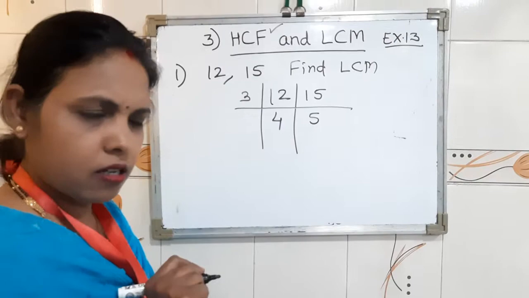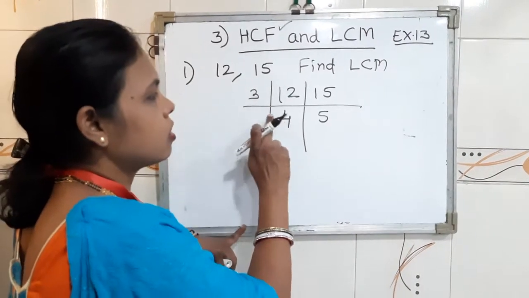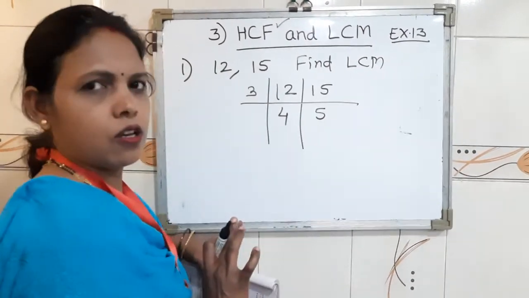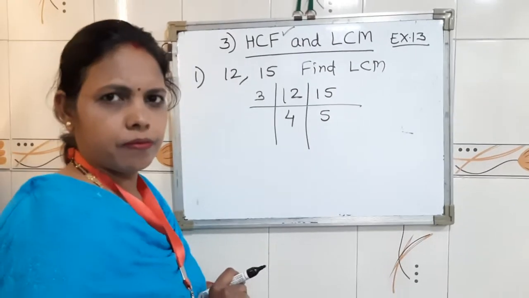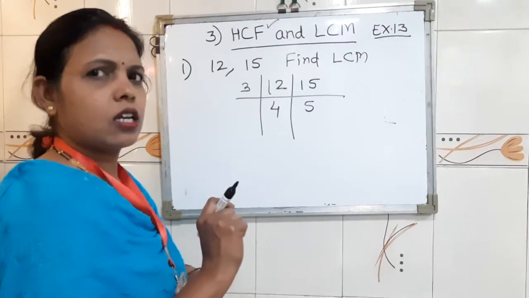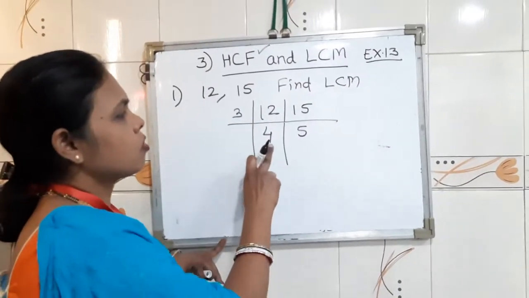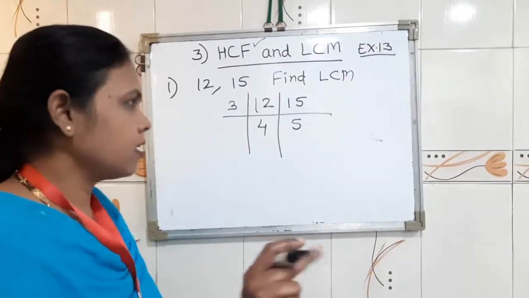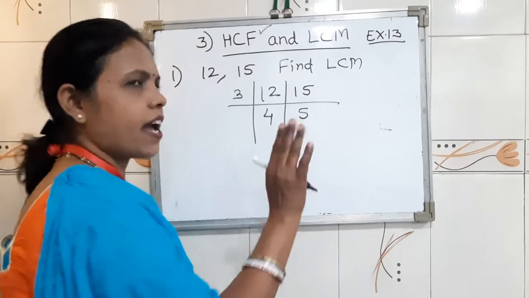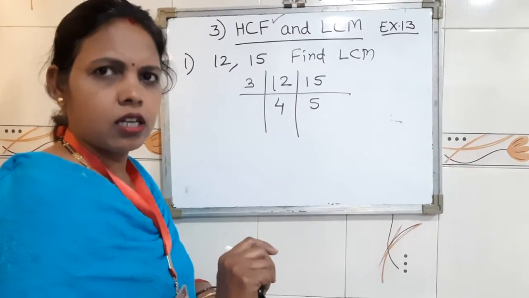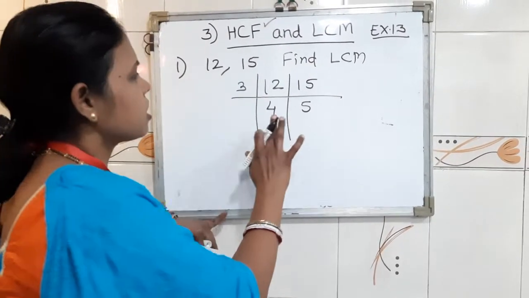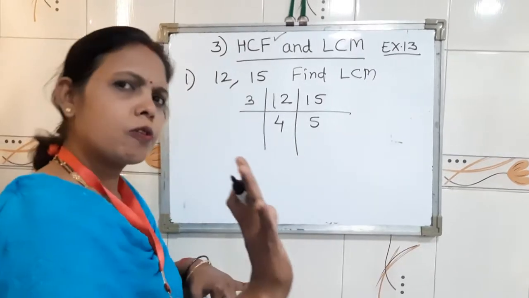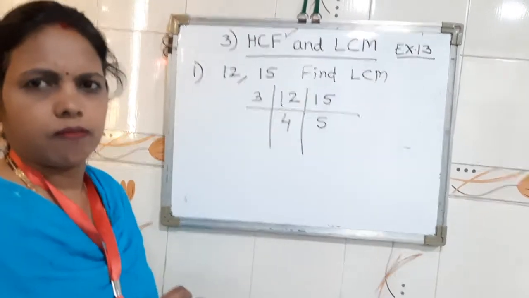So children, we got 4 and 5 for both the numbers. Then here, as we know, no number divides 4 and 5 together. Therefore, what will we do? This number we will keep as it is.